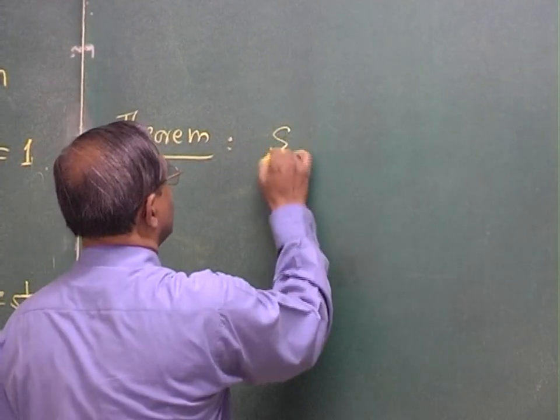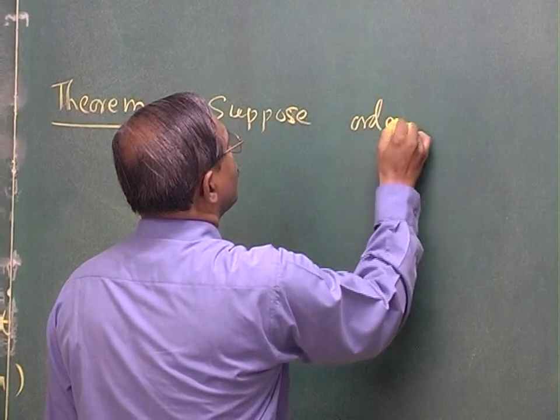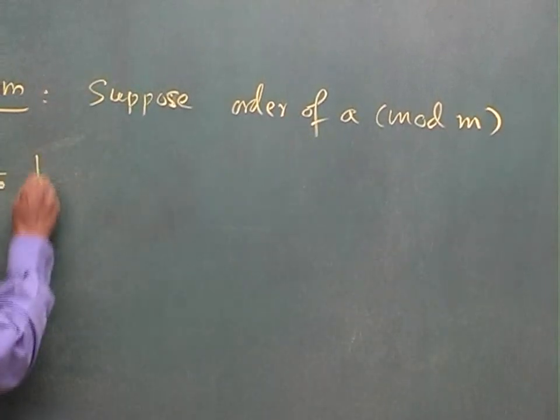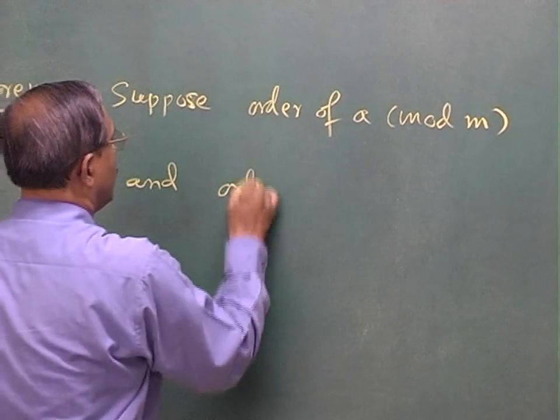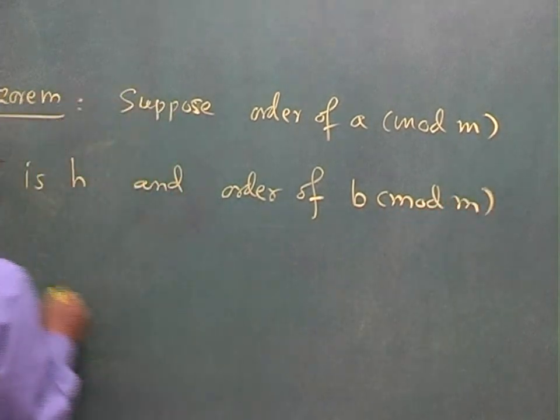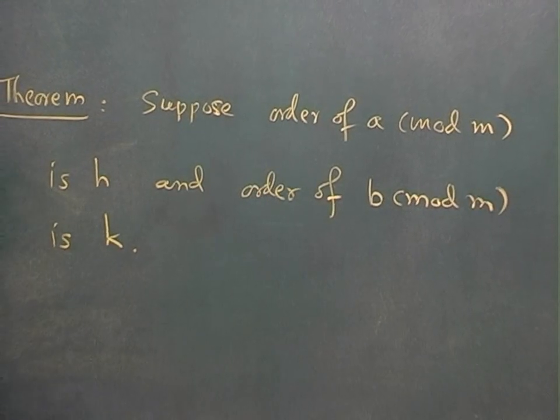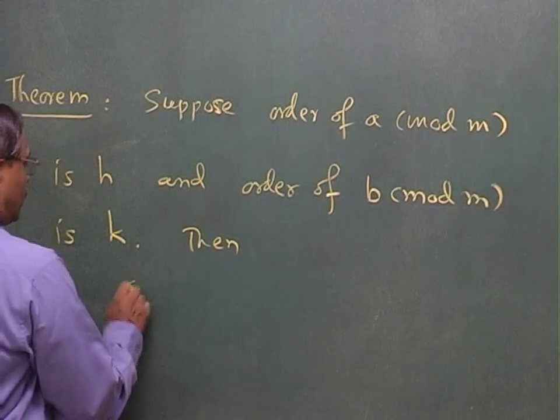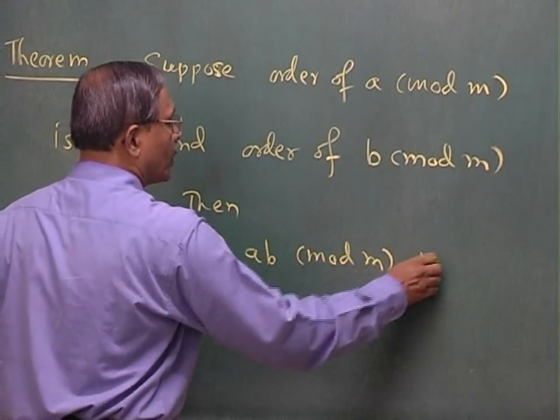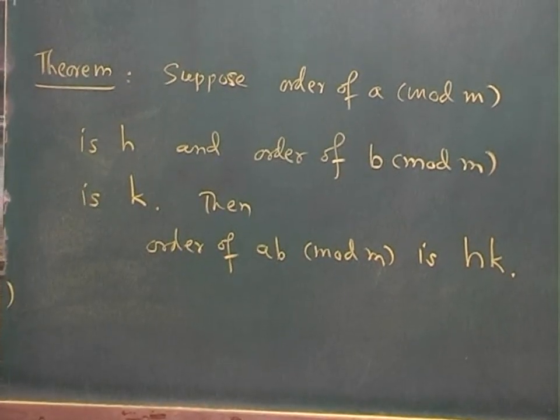Let's suppose the order of A mod M is H and the order of B mod M is K. Then the order of AB mod M is H times K. It is the product of the orders.